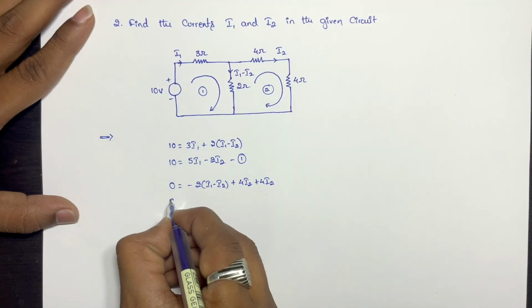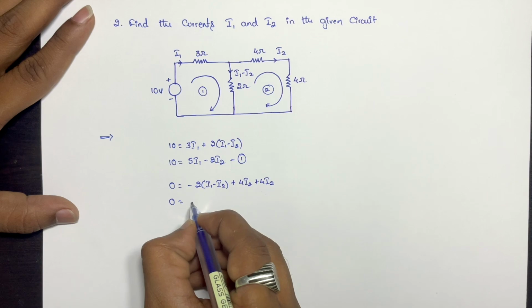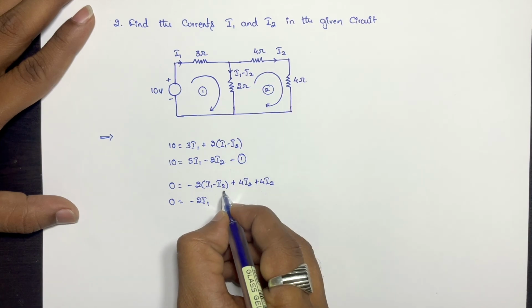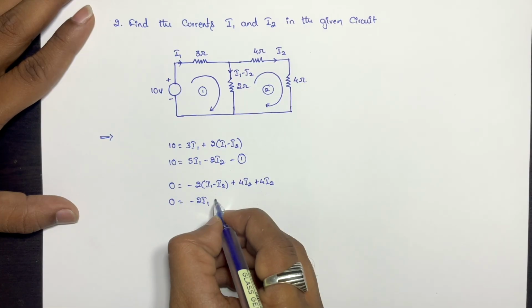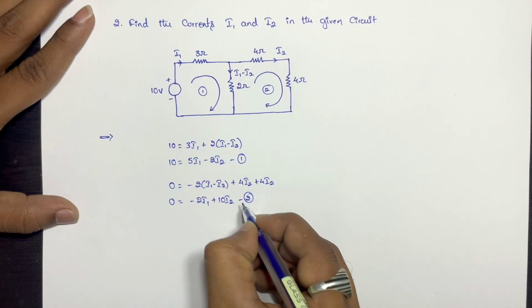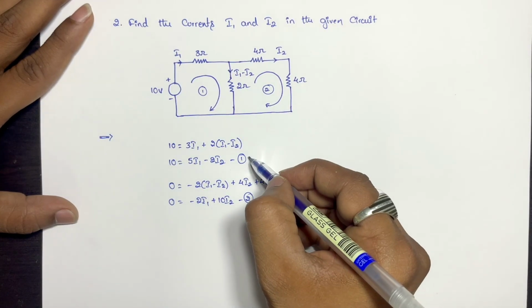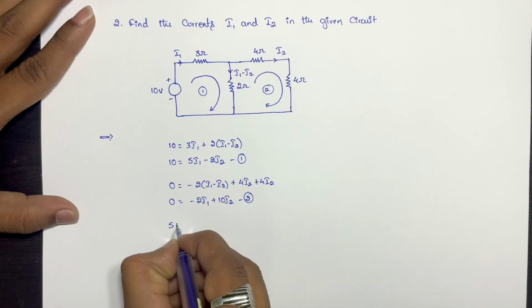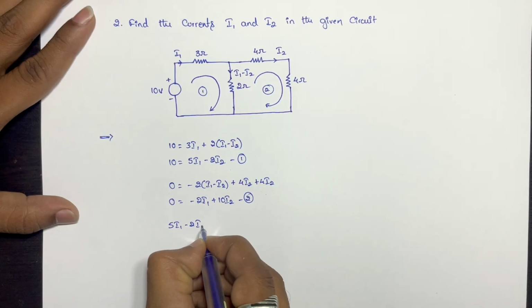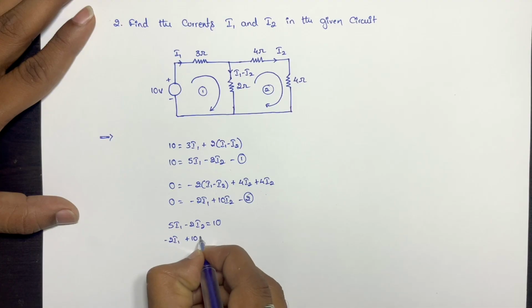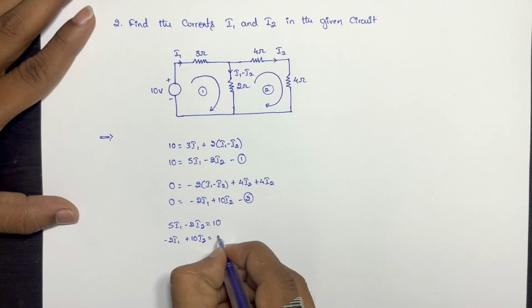Now if we solve this, 0 is equal to minus 2I1, minus into minus is plus 2I2, plus 4I2 plus 4I2, that's plus 10I2. You can mark it as equation number 2. And if we solve equations 1 and 2 simultaneously, that's 5I1 minus 2I2 is equal to 10, and minus 2I1 plus 10I2 is equal to 0.